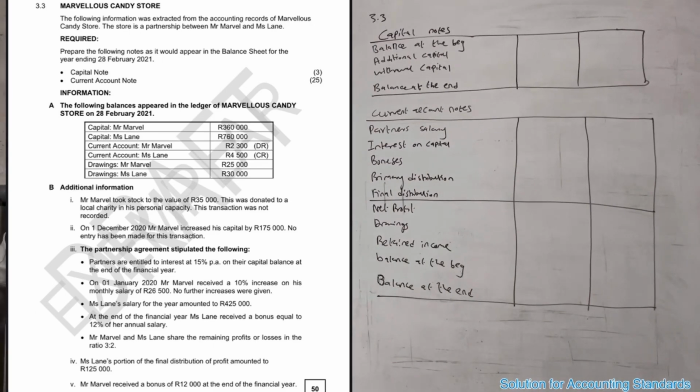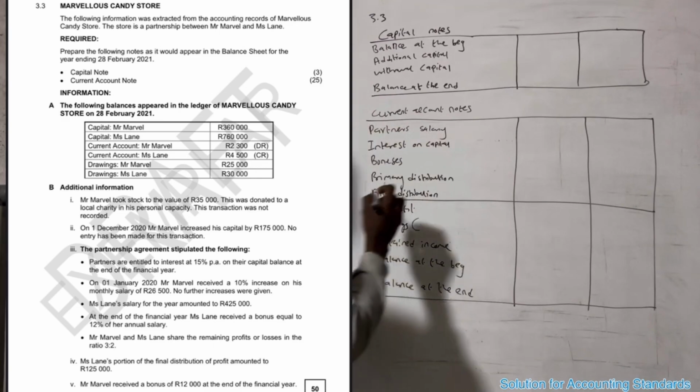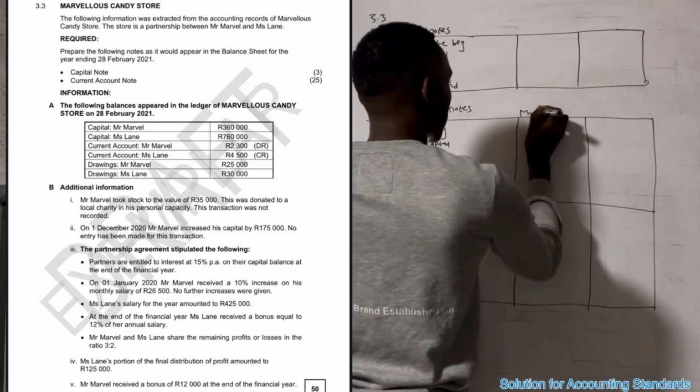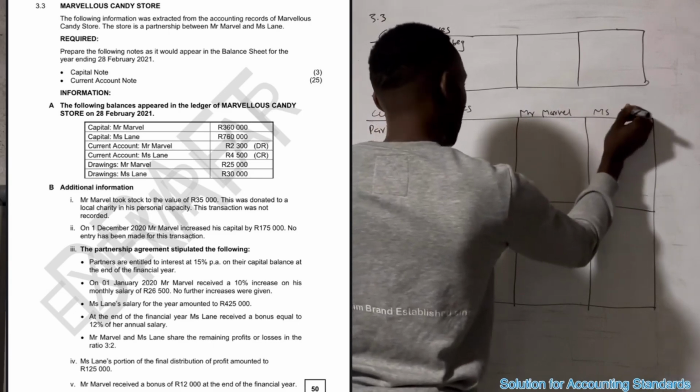Okay, they say prepare the following notes that will appear in the balance sheet: capital notes and current account notes. Okay, number A, we have capital amount for both Marvel and Lane, current account and drawings. B, Marvel took stock to the value of 35,000 and this was donated to a local charity. Okay, we can make donation for Marvel. Let's put Mr. Marvel here and Miss Lane.